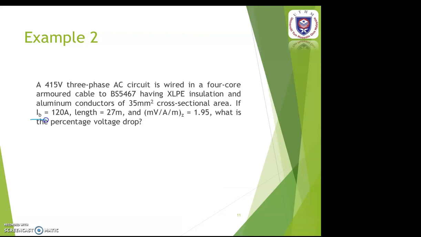If IB is 120 amps, the length of the cable is 27 meters, and the tabulated millivolt per ampere per meter is 1.95. So what is the percentage of the voltage drop?